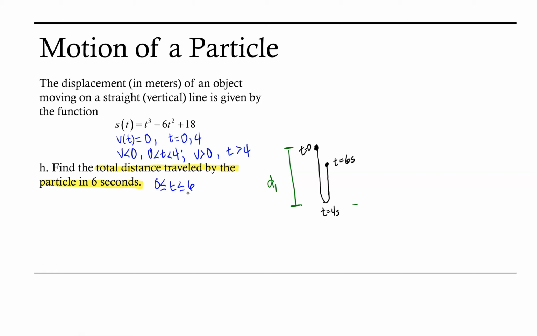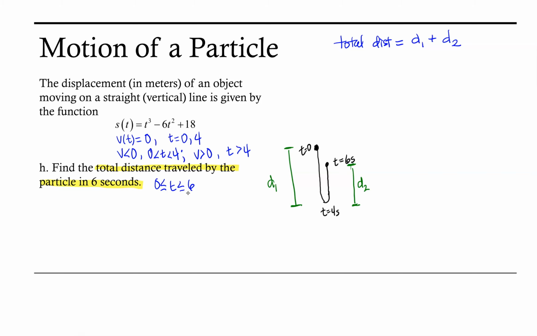And this distance from 4 seconds to 6 seconds, call that d2. So the total distance traveled is basically this distance 1 from 0 to 4 seconds plus this distance 2 from 4 seconds to 6 seconds.